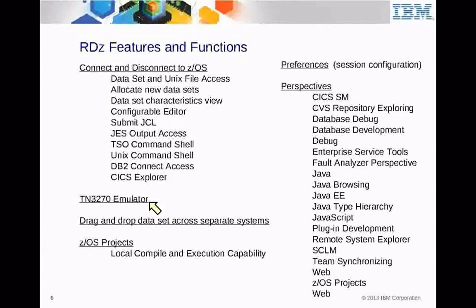There's even a TN3270 emulator inside of RDZ. Oh, yeah, to transfer data between systems, you could be connected to multiple z/OSs and to different Linuxes, different Unixes, different Windows, and you can actually drag and drop data across systems, and it just transfers the data.